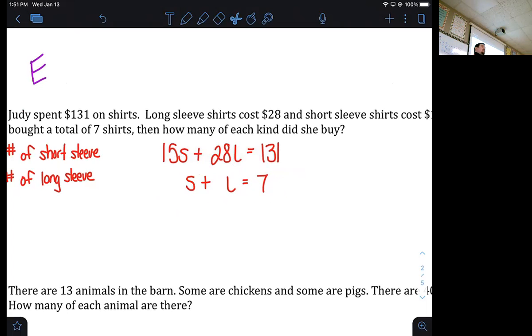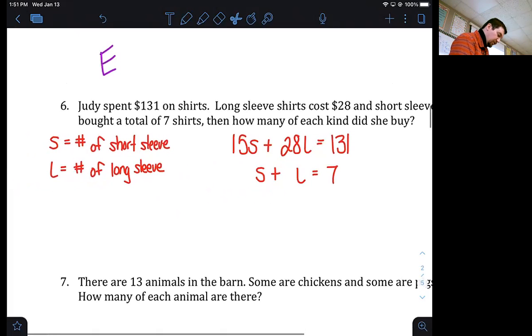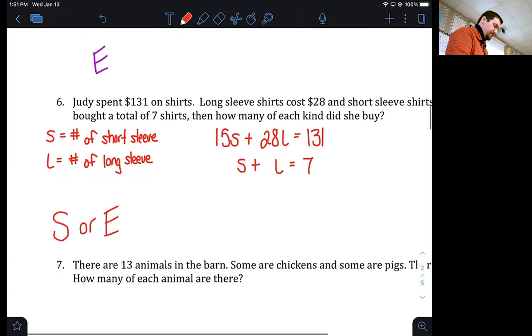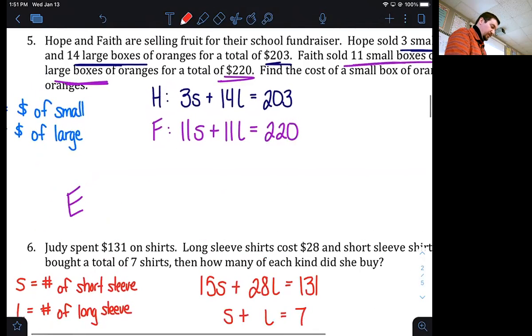But you're free to do whatever method you want. I could do substitution or elimination. I don't think there's a better method. I would probably agree with Olivia. I would lean towards substitution for this one, just so I don't have to multiply everything by 15 or 28. But for the last one, you would definitely just go ahead and find that common multiple and use elimination.